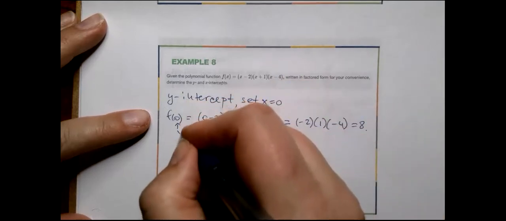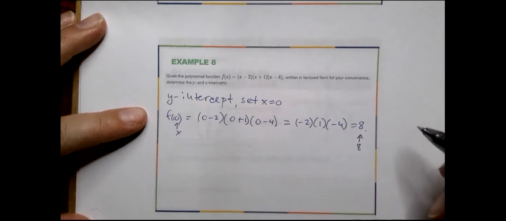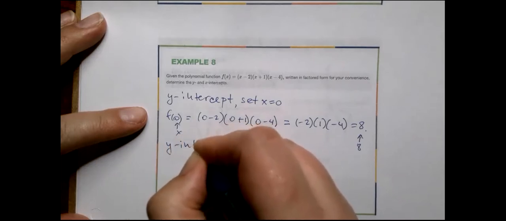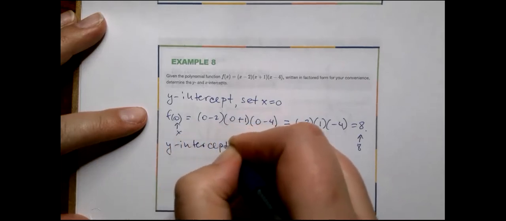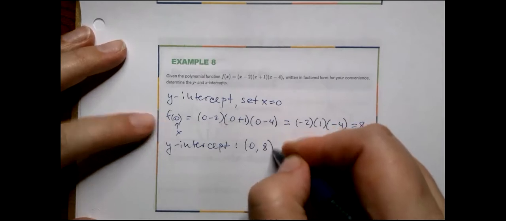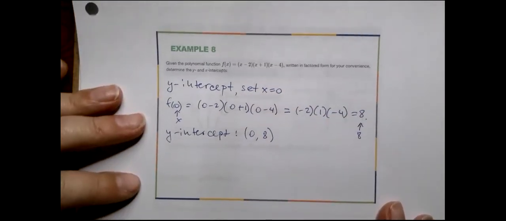So when x equals 0, y equals 8. So our y-intercept is a point, so we need to write it as a point with x and y: 0, 8. What about the x-intercept?